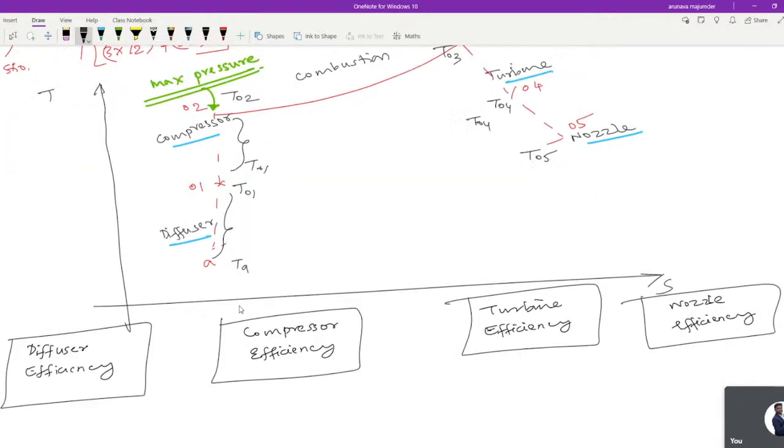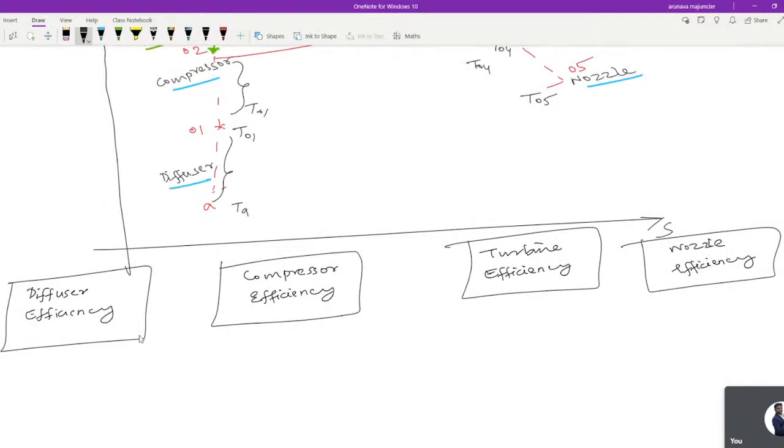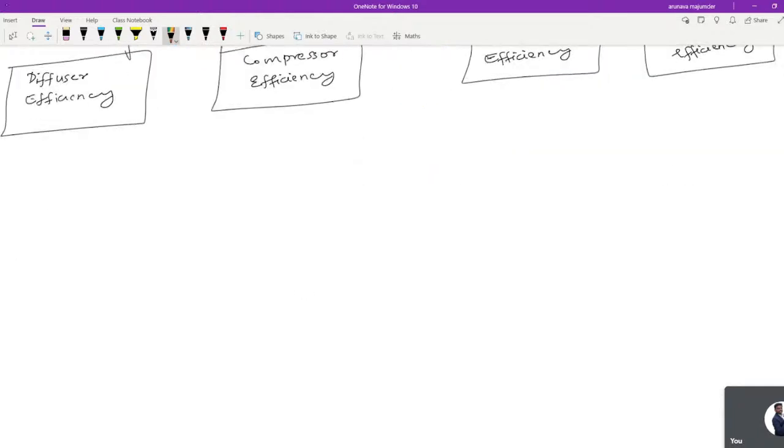Now the efficiency is the ratio of actual to ideal, right? It is the actual change in temperature to the ideal change in temperature. The ideal change in temperature is also known as the isentropic change, where we denote the temperature with a dash or prime. Watch carefully.